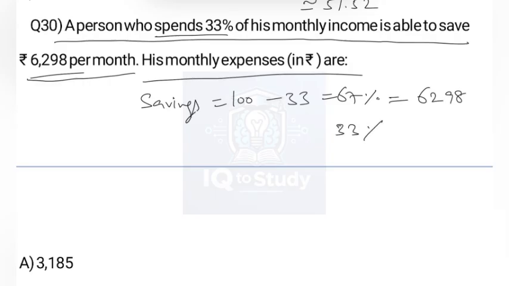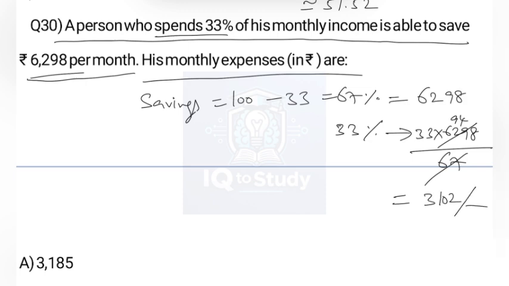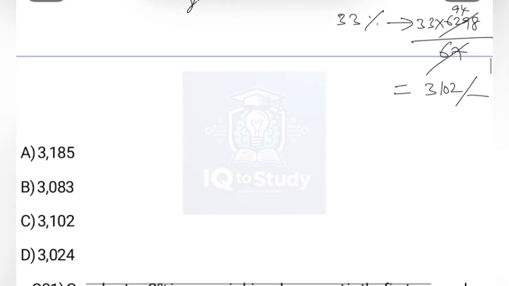So 33% is 33 into 6298 divided by 67. So the answer is 3102 rupees.